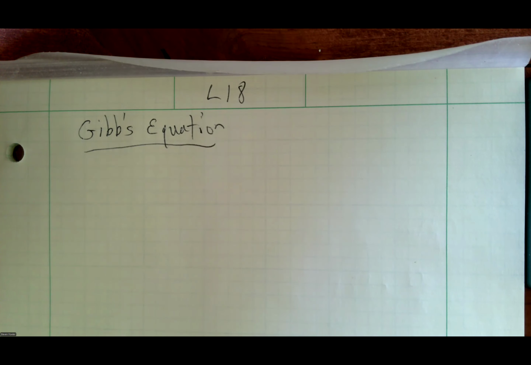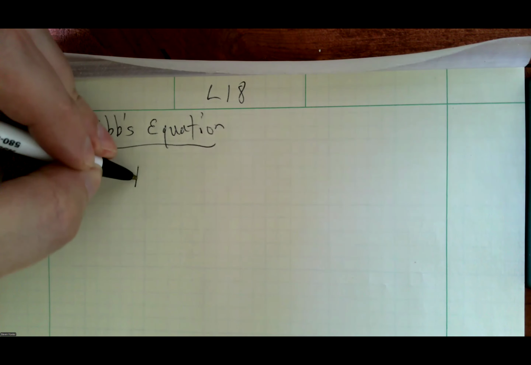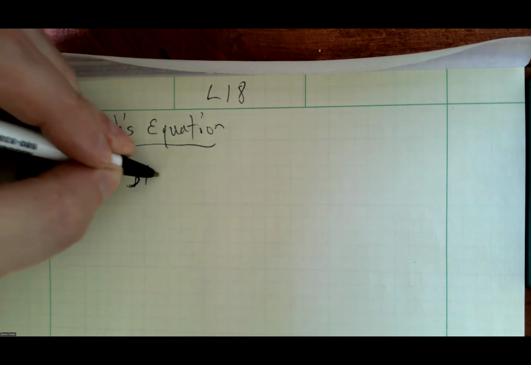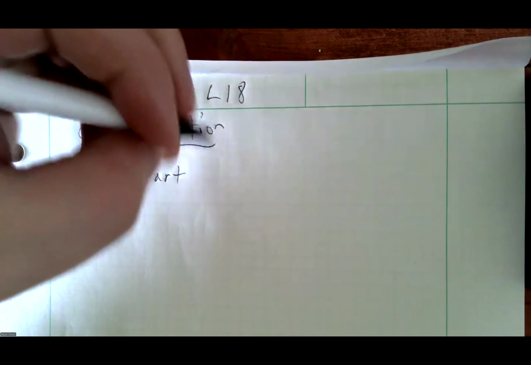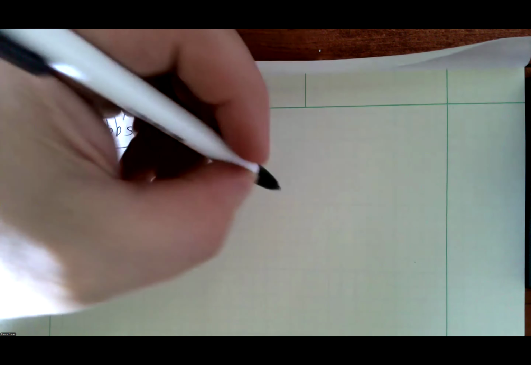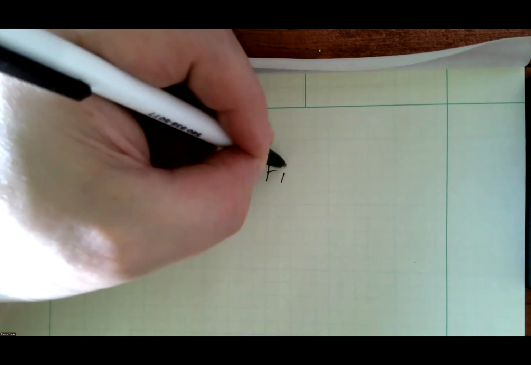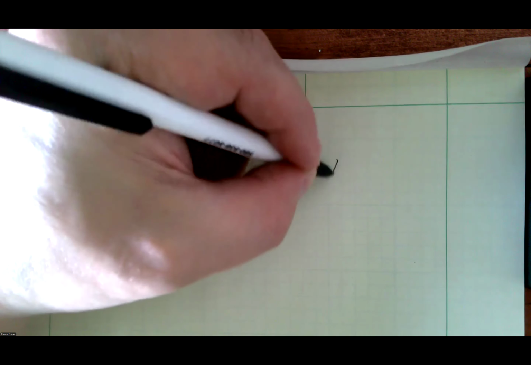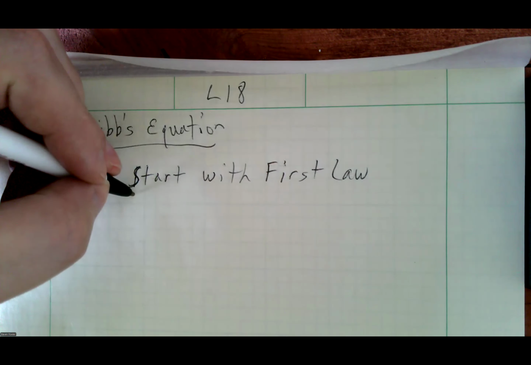However, you do have to know how a derivation works. We have enough math that we could do that. Where does Gibbs equation come from? Well, a lot of derivations will start with the first law, right?